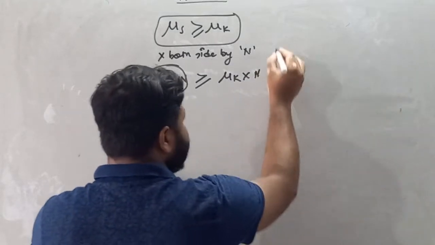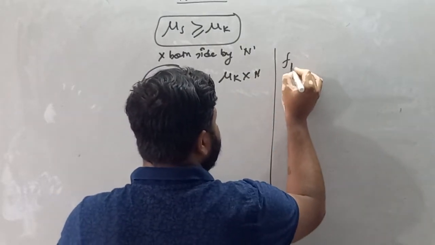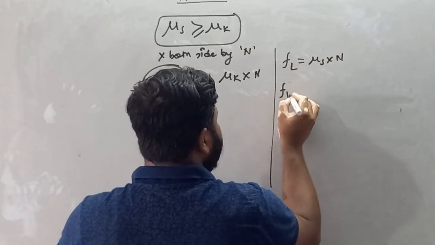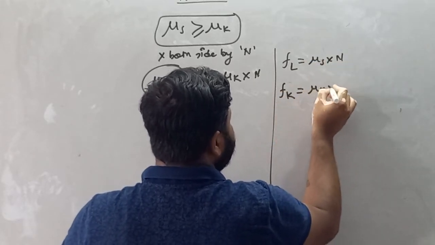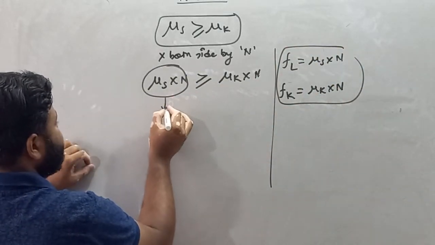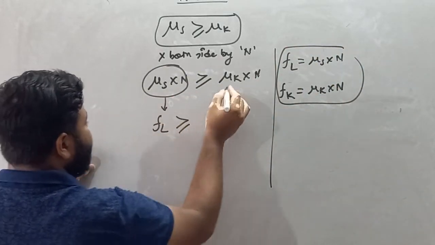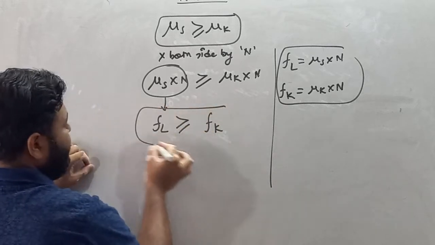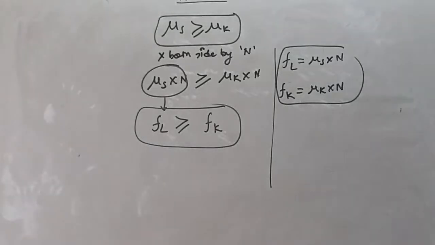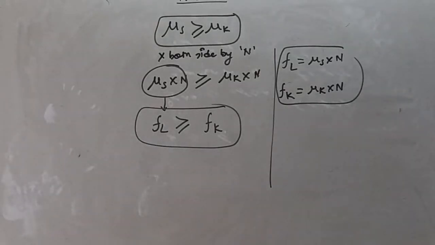I already discussed that limiting friction is equal to mu s into N and kinetic friction is equal to mu k into N. So this value represents Fl and this value represents Fk. So we can say limiting friction is greater than or equal to kinetic friction.